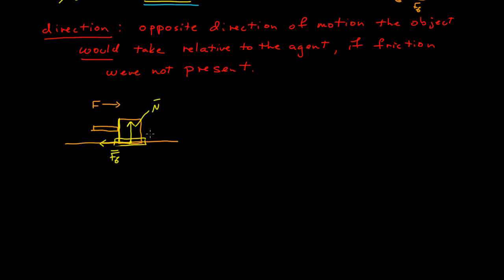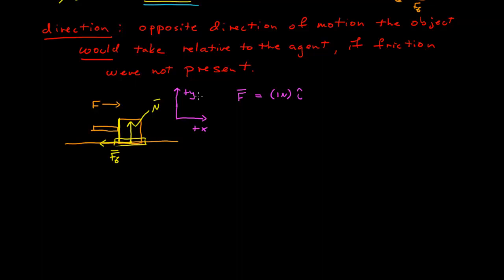Okay, so let's say I push on this system with some force that's equal to 1 Newton in the positive x direction. We'll call this positive x, and this positive y. Okay.